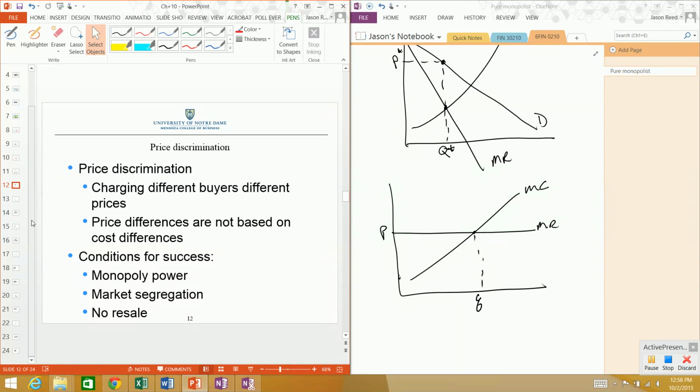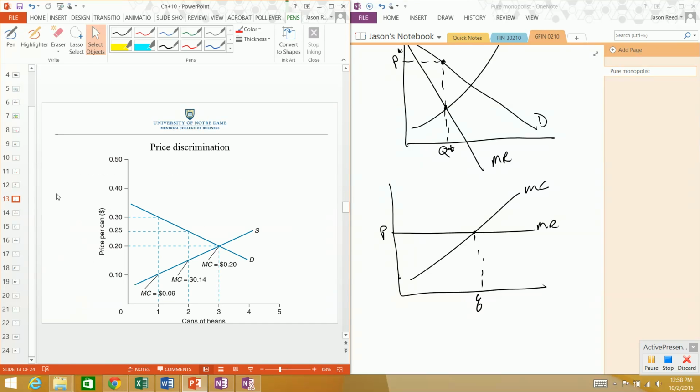So we're going to focus our attention on industries that exemplify this. One example that we focus on to understand this is a supermarket example. This might seem trivial, but I think it's really interesting. What we're seeing here is a firm charging different prices per can of goods.